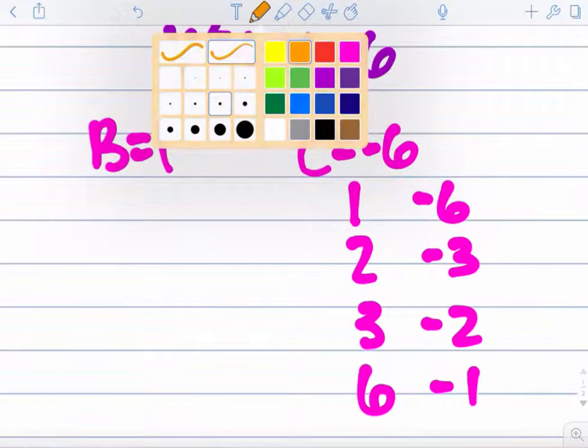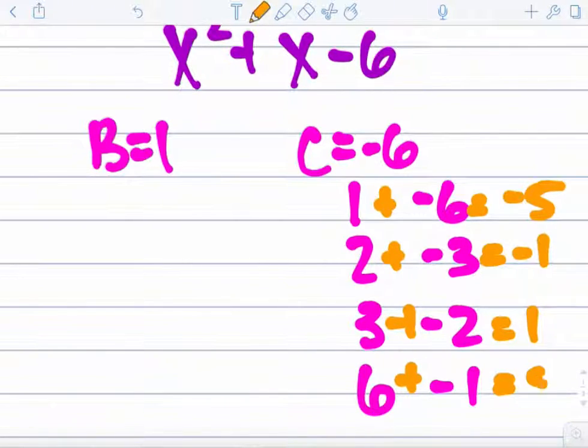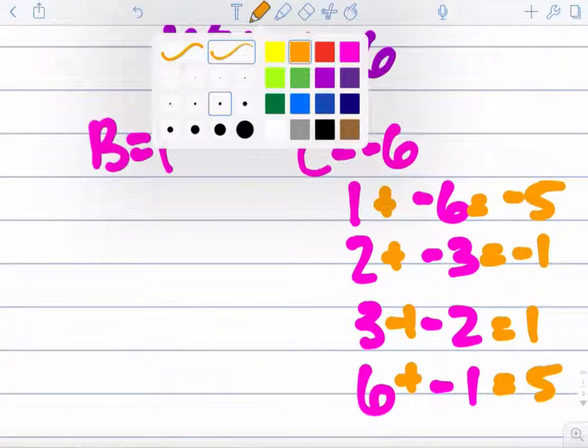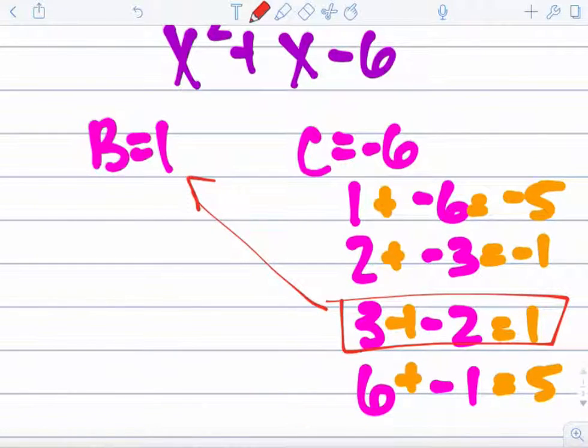If I check each one, it's equal to negative 5, negative 1, positive 1, and 5. So the third one is the one, and my factors are x plus 3 and x minus 2.